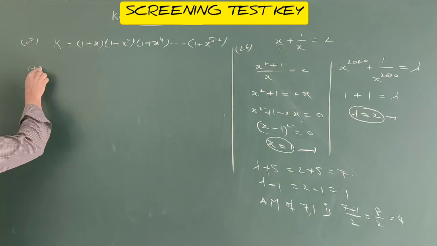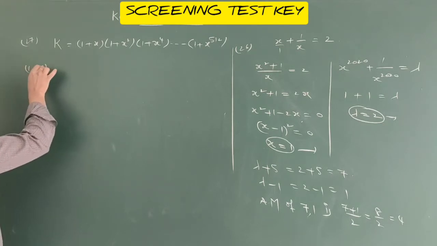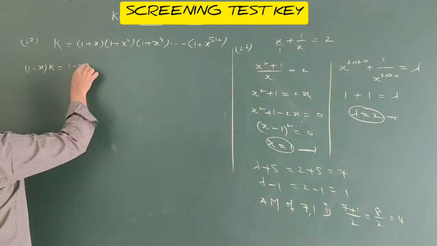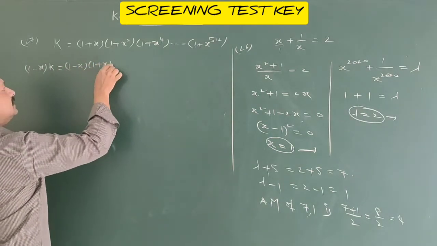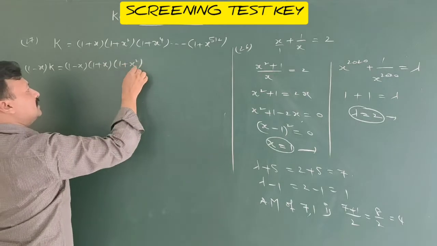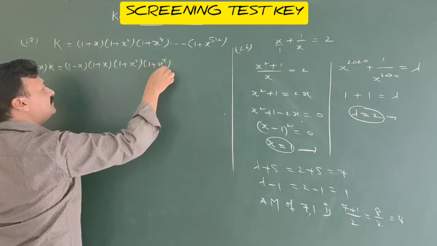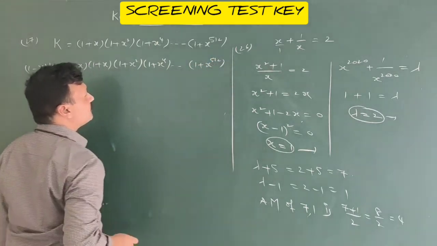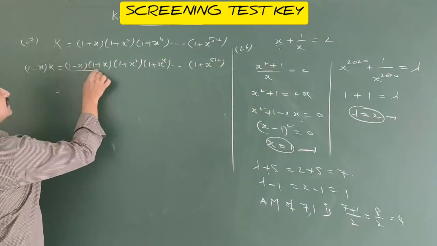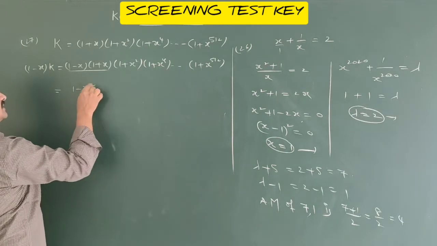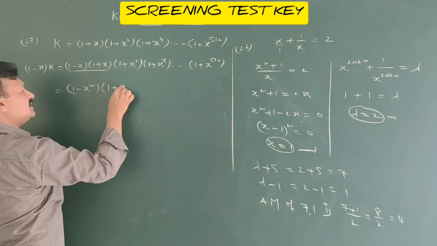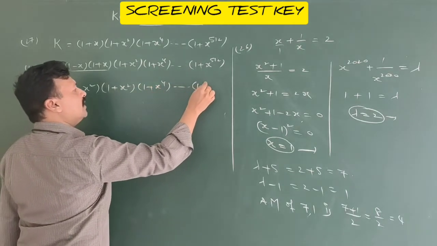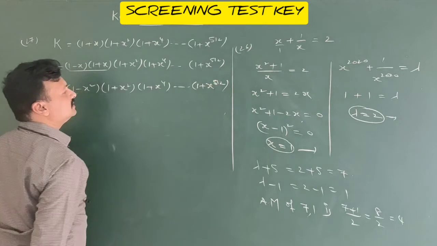If we multiply by (1 minus x) into k, here (1 minus x) into (1 plus x) into (1 plus x square) into (1 plus x power 4) and so on (1 plus x power 512). So (1 plus x) into (1 minus x) equals 1 minus x square, into (1 plus x square) into (1 plus x power 4) into (1 plus x power 512).